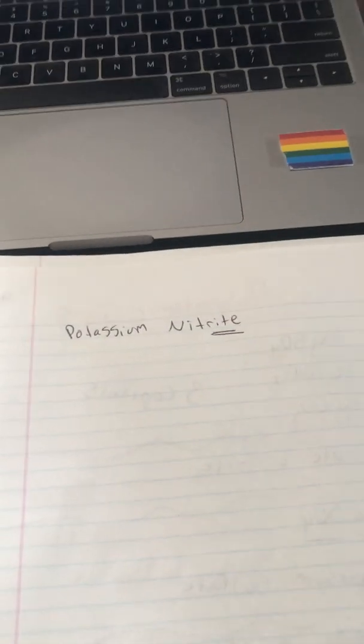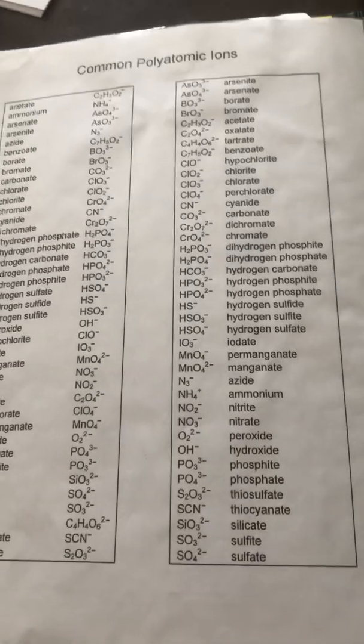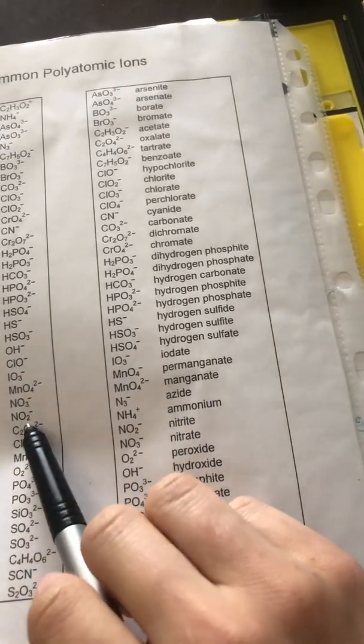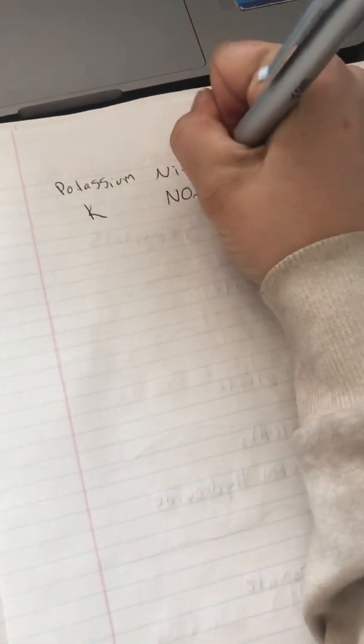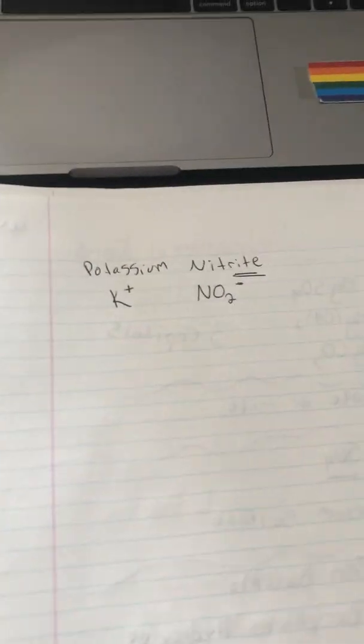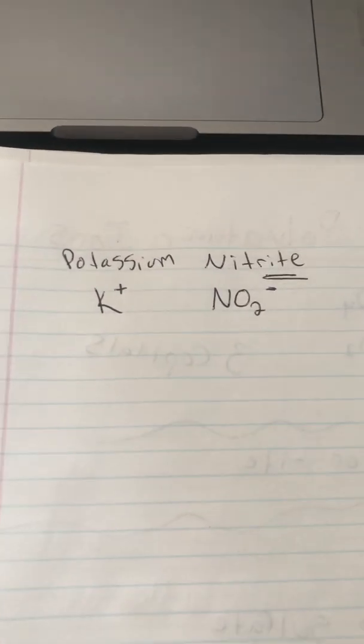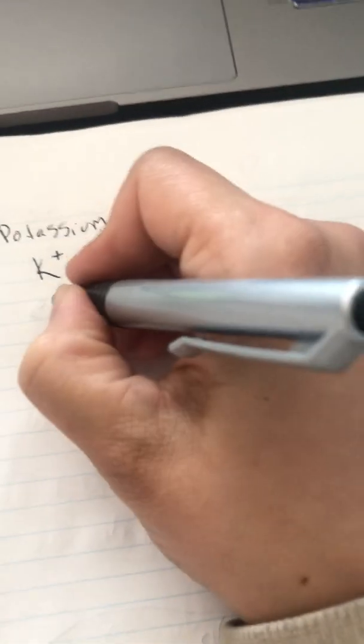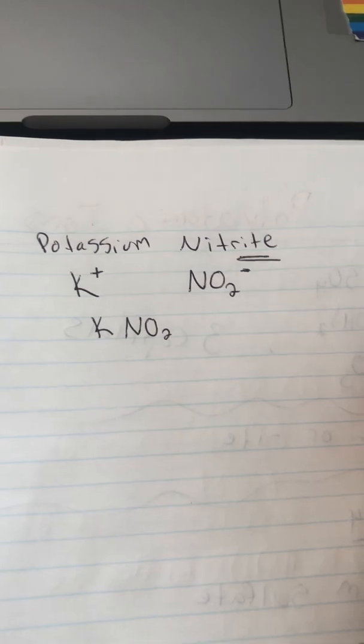Potassium we know is K. Nitrite, we know to look at this sheet and find the word nitrite. Nitrite is right here as NO2 with a minus sign, so it has a negative charge. We also know the potassium has a positive charge. When we make their formulas, we just cross them like we usually would. So it's going to become K, NO2, with a one on each, just like that.